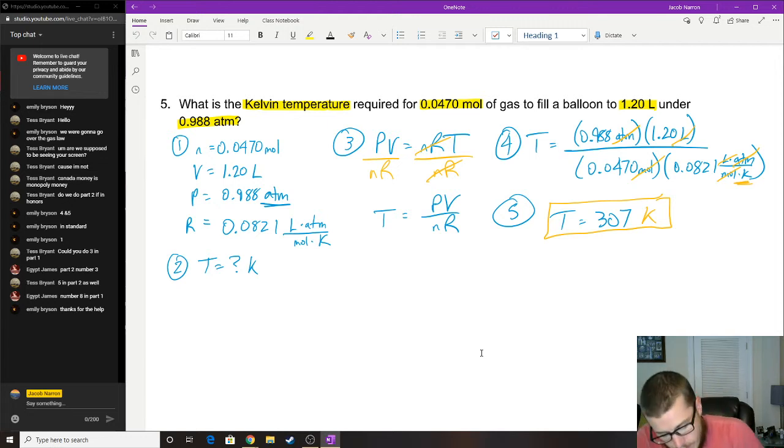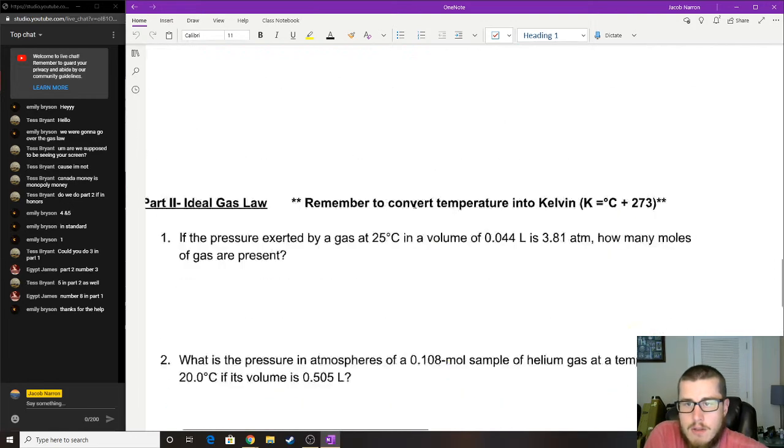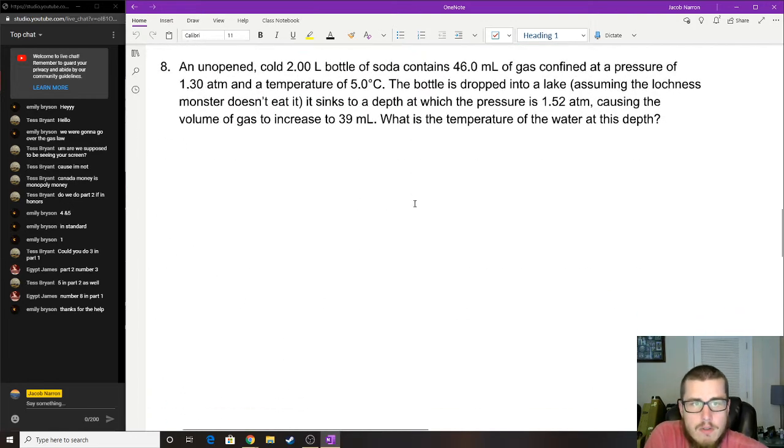That is a really bad number 5. Let's try this again. There we go, that looks slightly better. Next one, number 8 in part 1. Let's go take a look. Oh, yes, did we do that one? Except it was on the other worksheet.